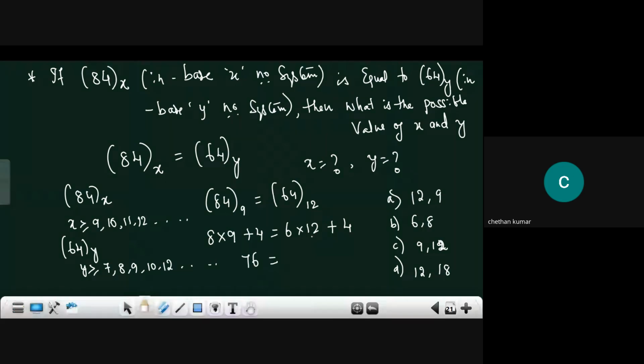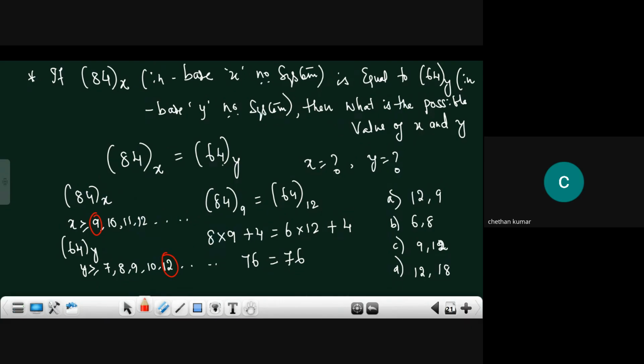Here 6 into 12 is 72 plus 4, 76. Now LHS is equal to RHS. So x is 9 I should choose, and y is 12, so that LHS is equal to RHS.